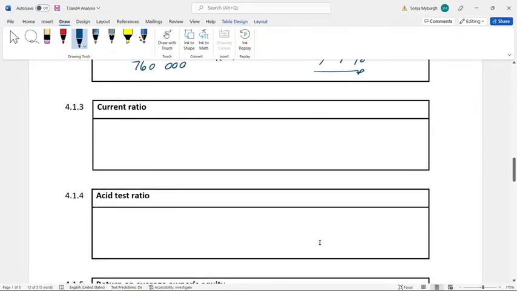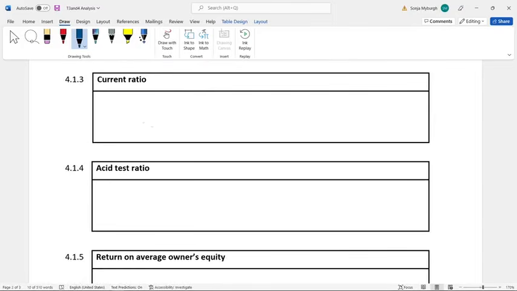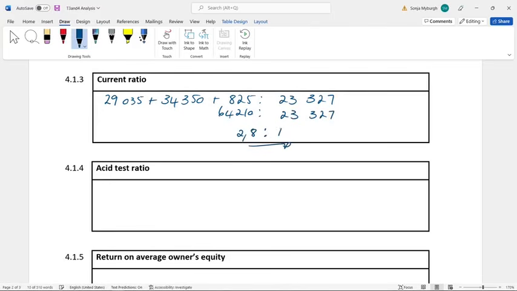Current assets: trading stock, plus trade and other receivables, plus cash and cash equivalents, towards the current liabilities. If you add that, you get 64210 towards your current liabilities, and that will give you a ratio of 2.821. That means for every R1 current liability, you have R2.80 current asset.